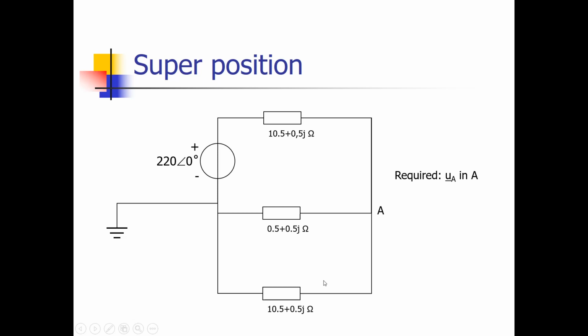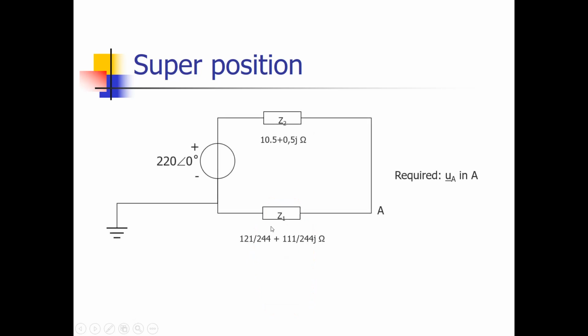And when we do all these calculations, which I'm not going to do in this video, then we come up with one new impedance, which has a real part equal to 121 over 244, and an imaginary part 111 divided by 244 times j, of course, because it's the imaginary part. So now we have a rather easy circuit diagram with one impedance over here and one impedance over there. And remember, we want to calculate the voltage at point A with respect to this grounding symbol, so with respect to this point.